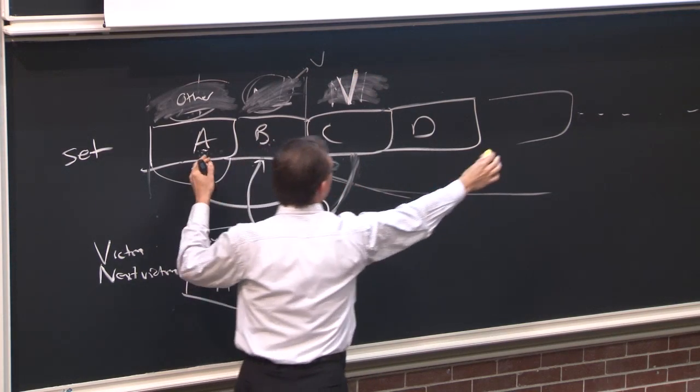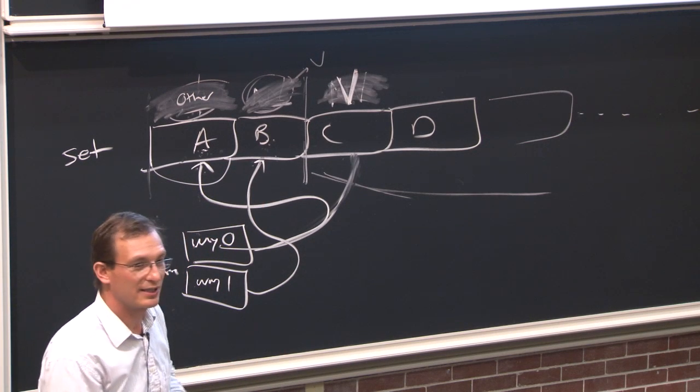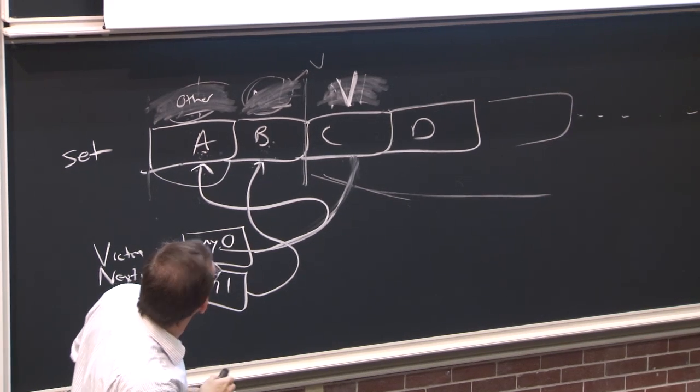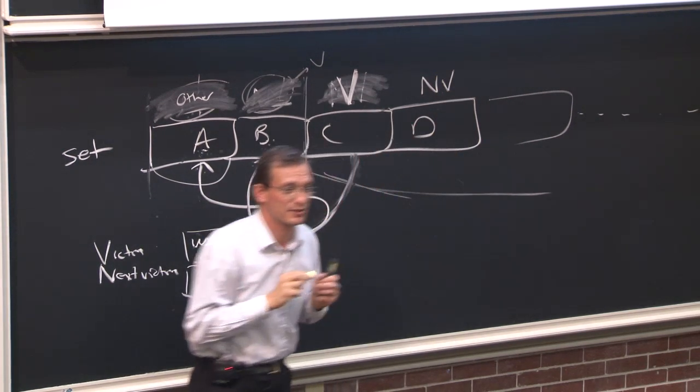One of the other blocks is randomly selected to be the next victim. In this case, we randomly pick D to be the next victim. So that's how this works.